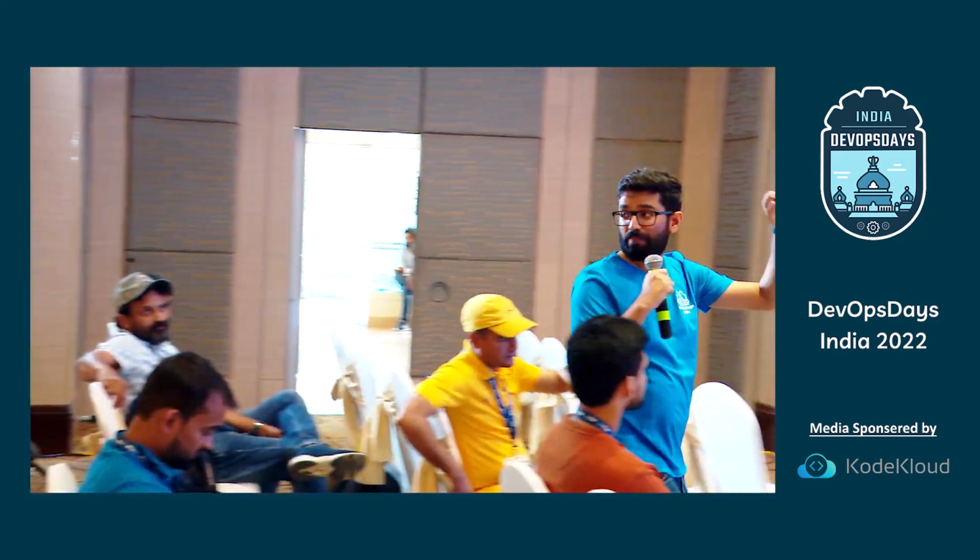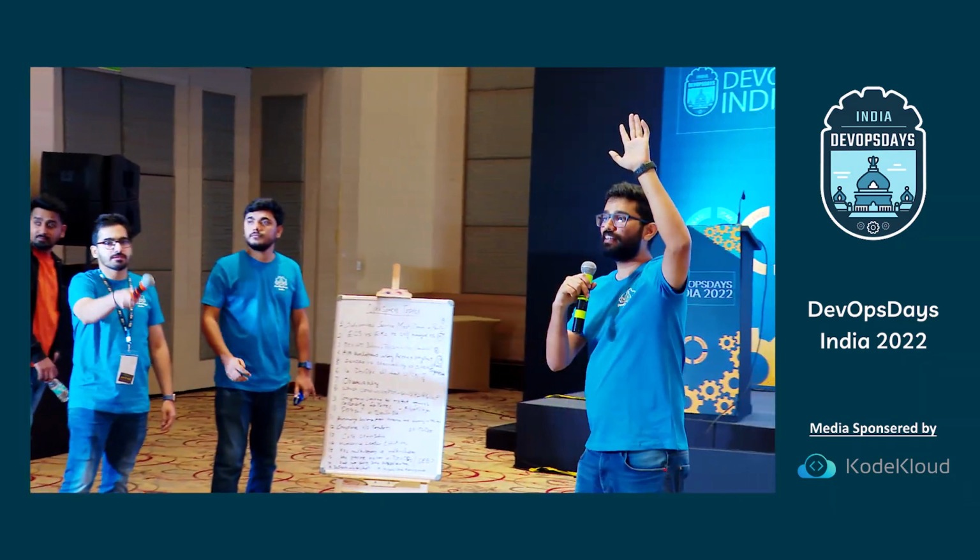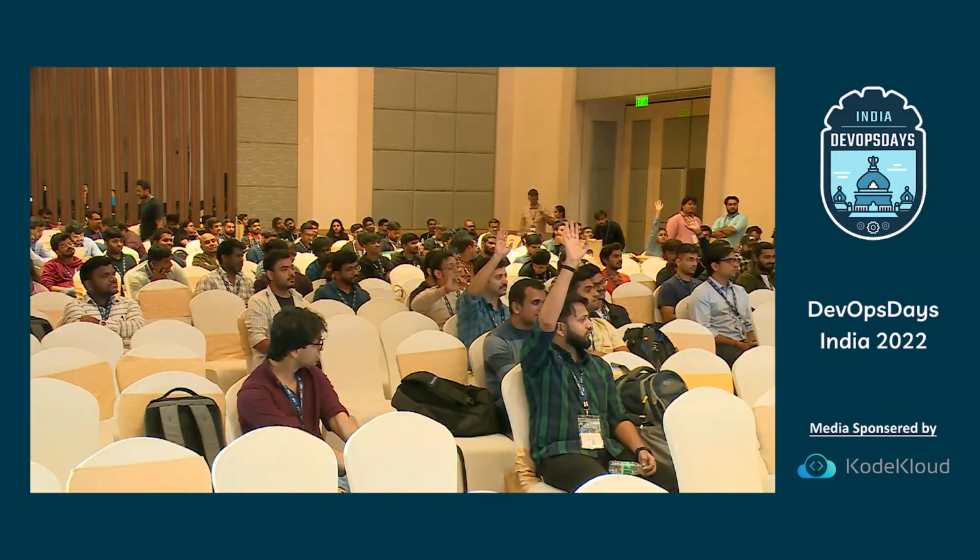Each company has its own standard. So if we discuss in a group, I think it will be useful, concept-wise. That's what I thought. Awesome. Anybody? 3, 4, 5, 6, 7, 8, 9. Yeah.